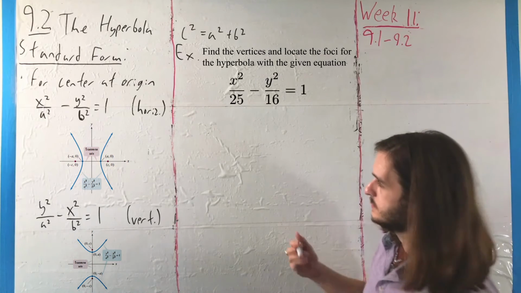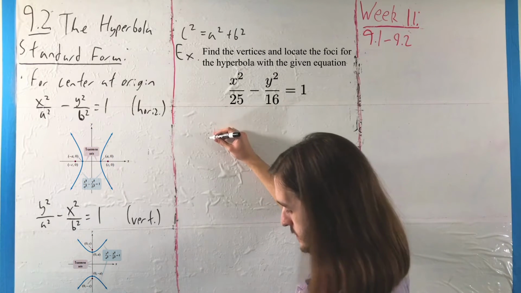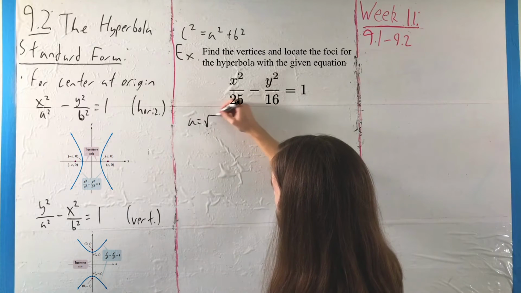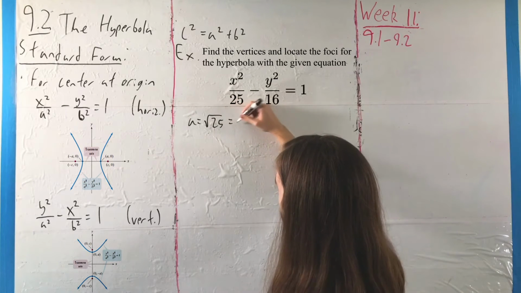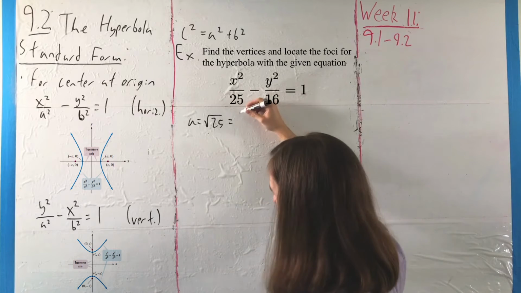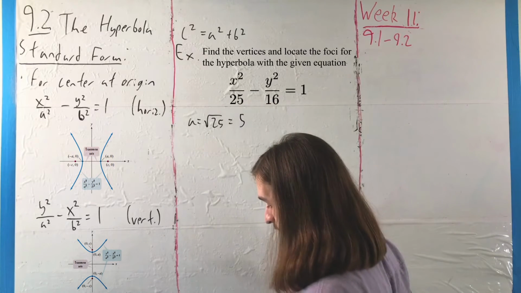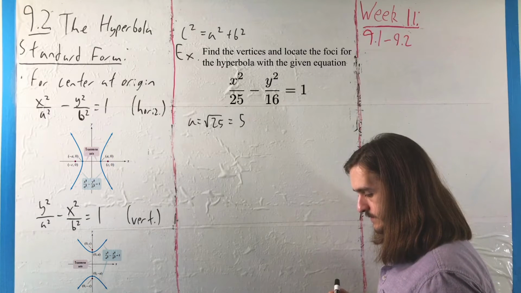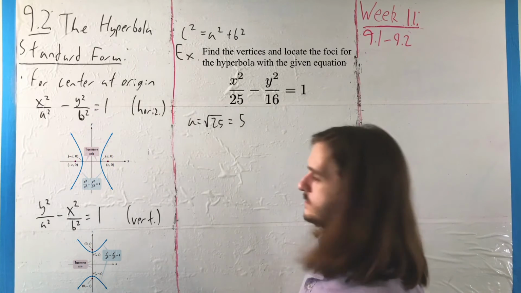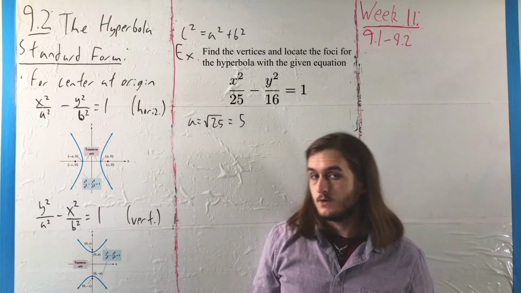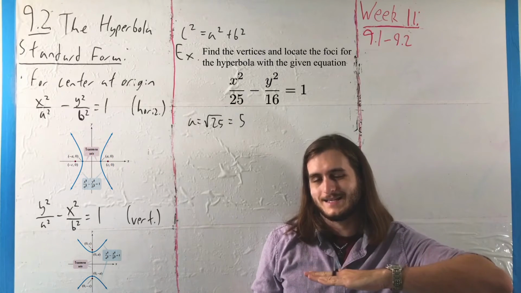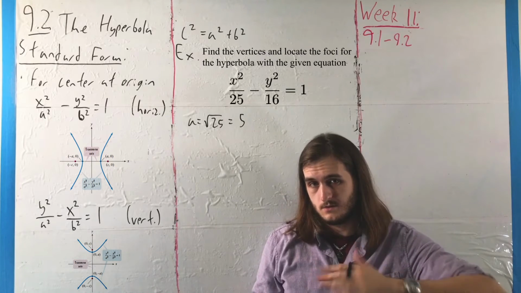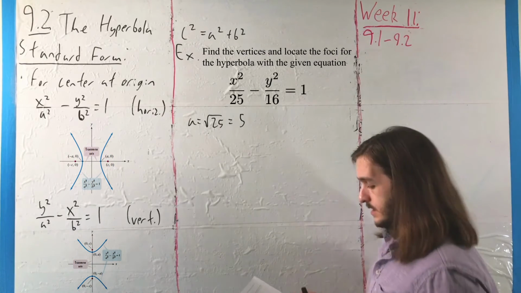To find these values, we can start by noticing that a is equal to the square root of 25, or meaningfully 5. And we have the horizontal orientation with our transverse axis along that horizontal axis.